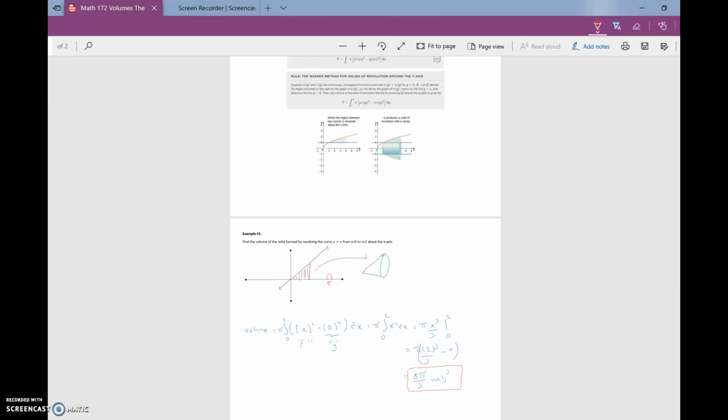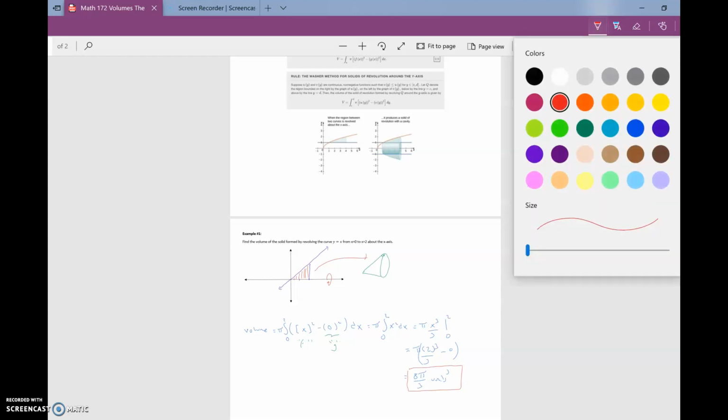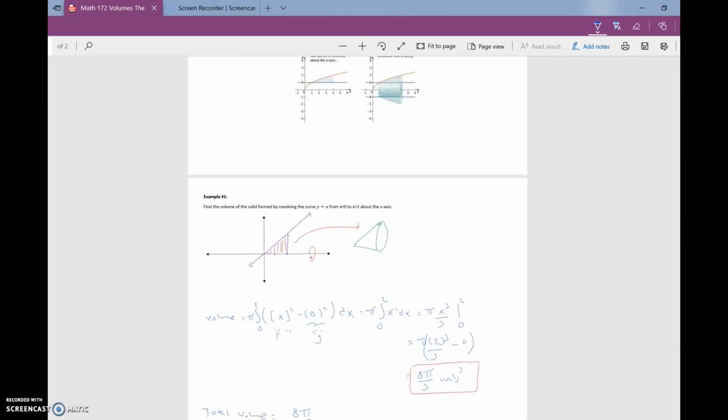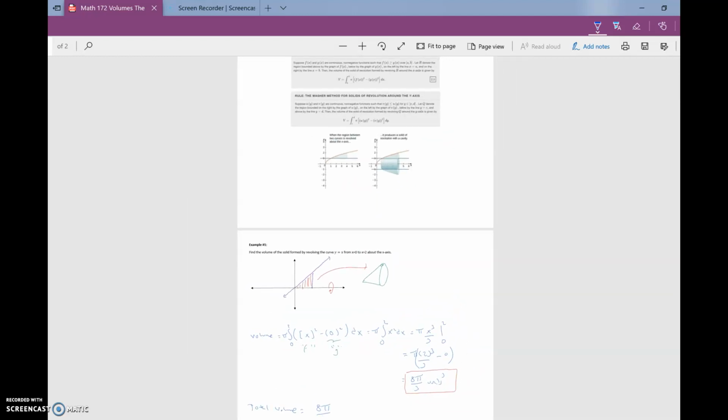So total volume is equal to 8 pi divided by 3 units to the third power.